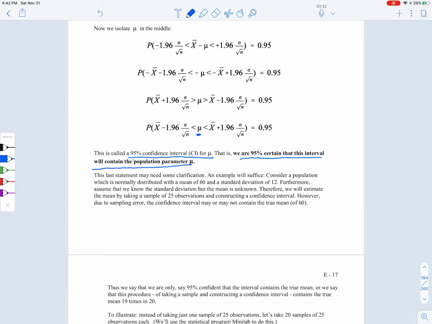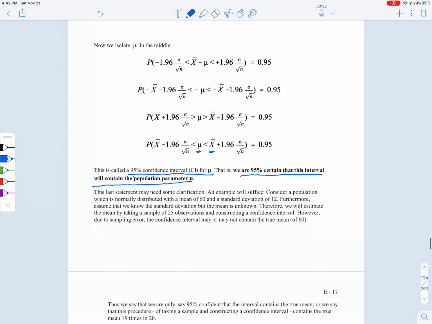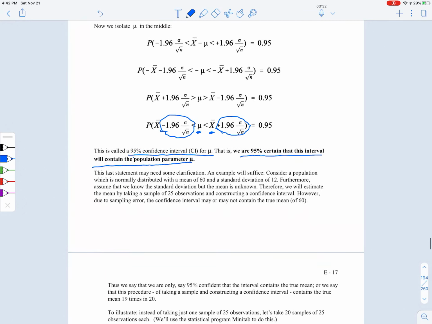So you can see we've got mu is somewhere between, and what we do is we take our x bar value, our sample mean, as our point estimate. It's our best guess as to what mu is. But then we build a buffer around it. And this buffer, so plus or minus 1.96 times sigma over the root of n, is called the margin of error. I'll write that out in a moment here.